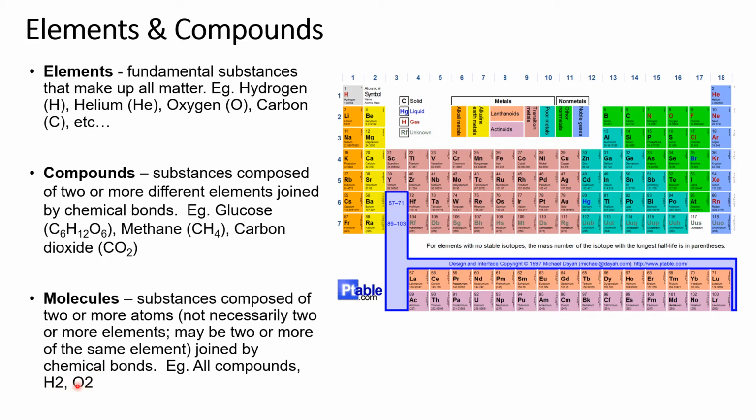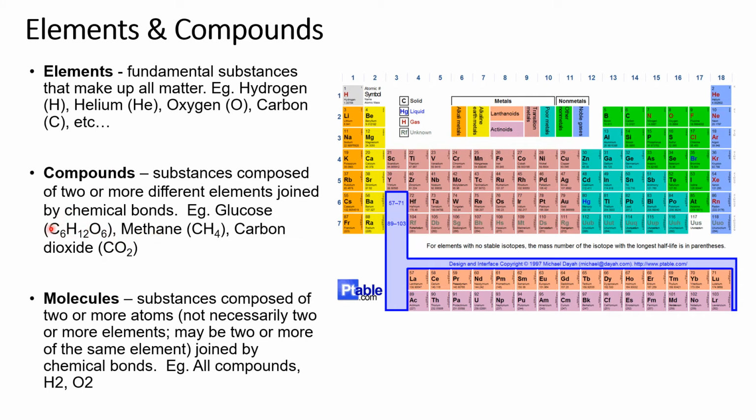O2 is 2 oxygen atoms, so since there's 2 or more atoms, it's a molecule. So with compounds, we're concerned with 2 or more elements. In molecules, we're concerned with 2 or more atoms.